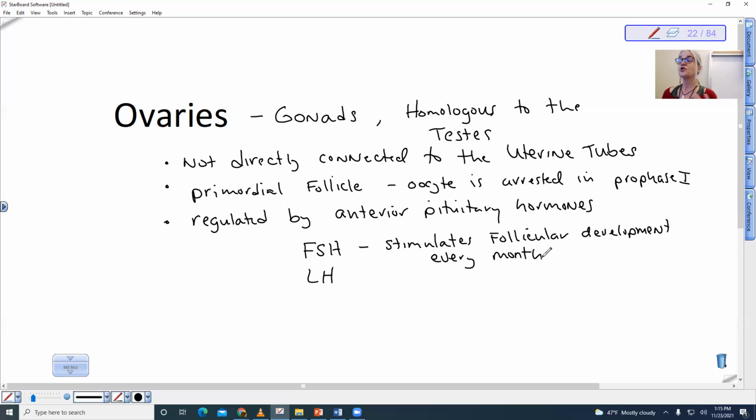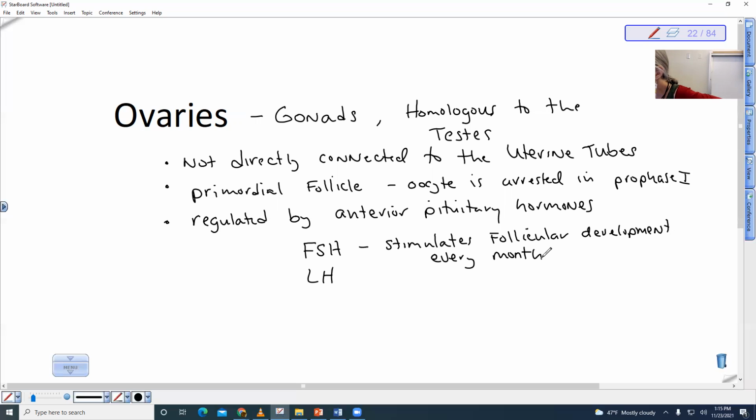Now, if you have twins where you're releasing 2 eggs or multiple eggs, or you are taking fertility drugs that are called superovulatory drugs, then that means that you're going to mature more than one follicle. So sometimes, you might ovulate 8 eggs. They might take those eggs out of you and then fertilize those eggs with sperm and then put embryos back in you in fertilization treatments. Okay, so generally it's just one dominant follicle every month.